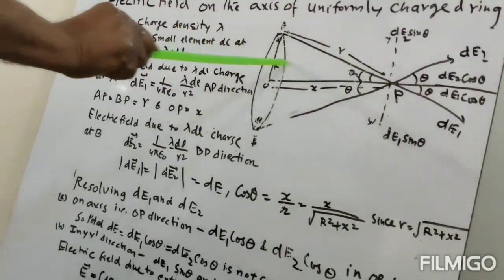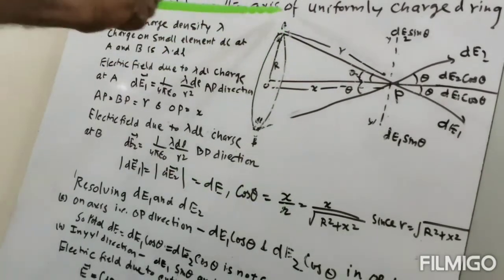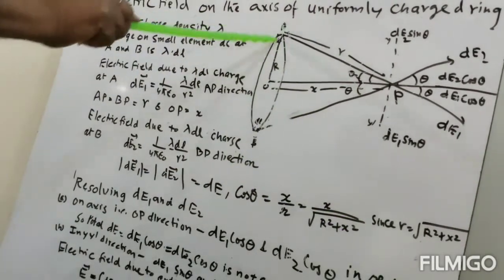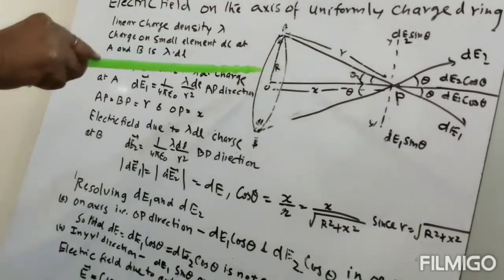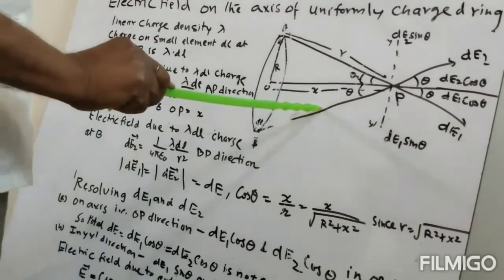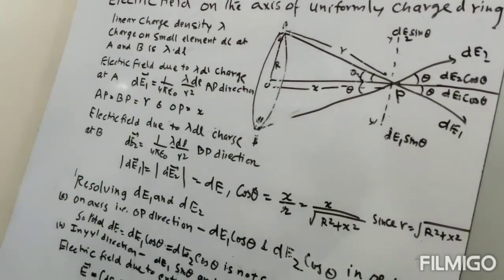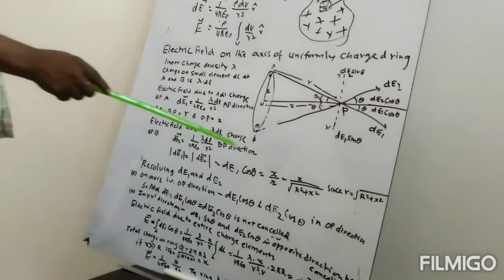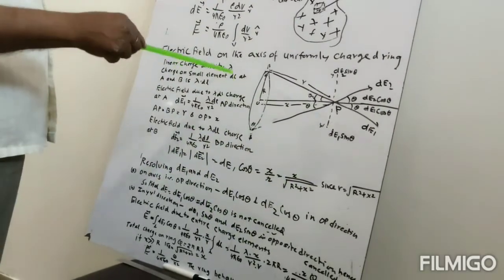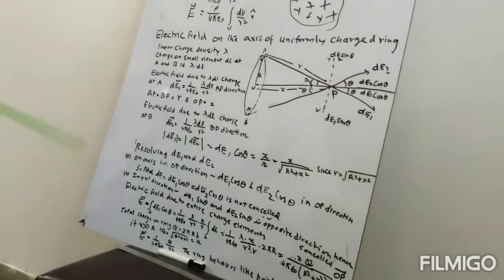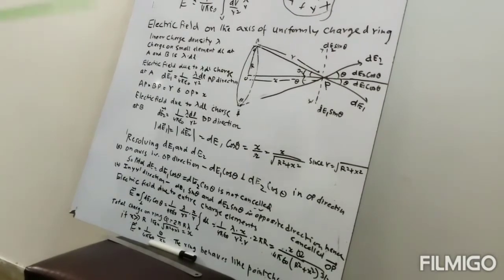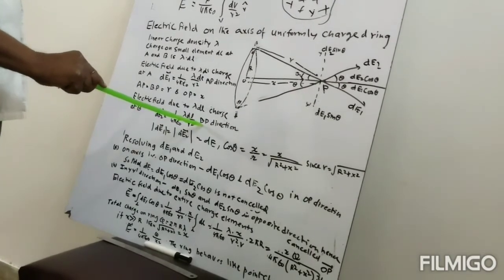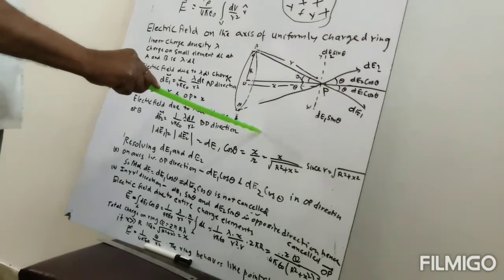So cos theta is equal to x divided by r, and r, by Pythagoras theorem, is equal to the square root of capital R square plus x square. If we want to find the total electric field due to the entire ring, this can be found by taking the line integral of either dE1 cos theta or dE2 cos theta.